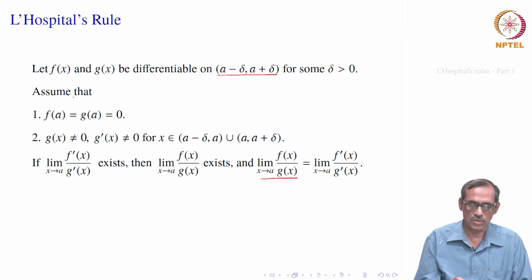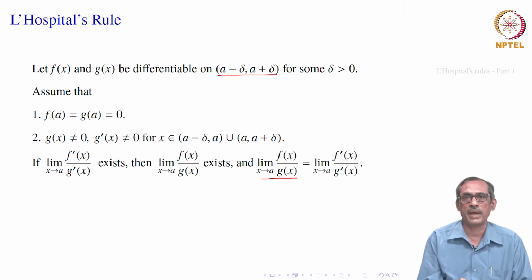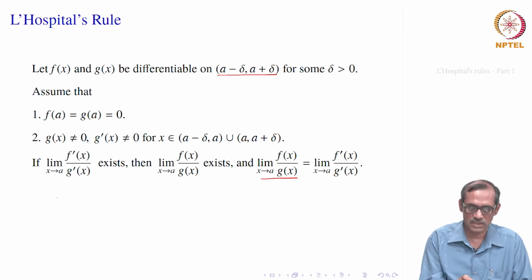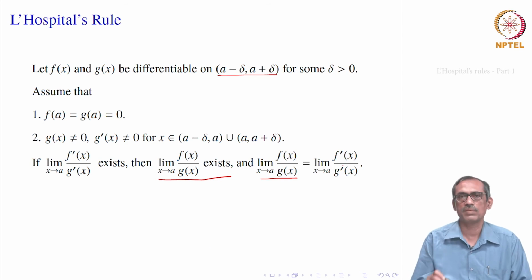So, these are the two basic assumptions. Then what is the conclusion? Conclusion says, if you take the limit as x goes to a of f prime x by g prime x, the derivatives, and if this limit exists, then the limit of f x by g x also exists, and the limit value will be equal to the limit value of f prime x by g prime x.